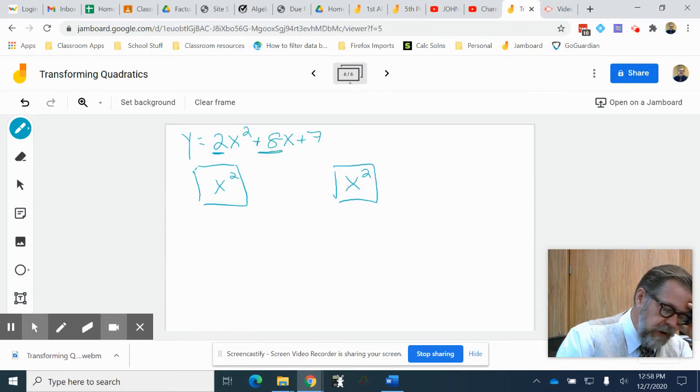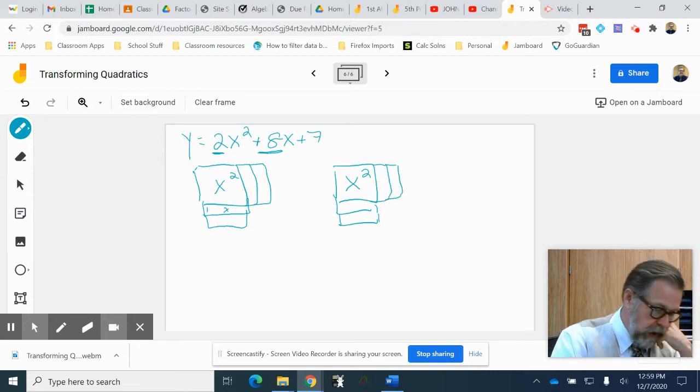Each square gets half of those. Each square gets a total of 4x's. So remember, these are 1 by x. 4x is over here. Now, we're not going to have to draw them much longer, but in the meantime, here we go. This is x plus 2. This is x plus 2.